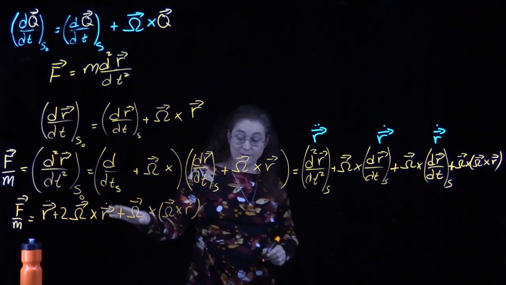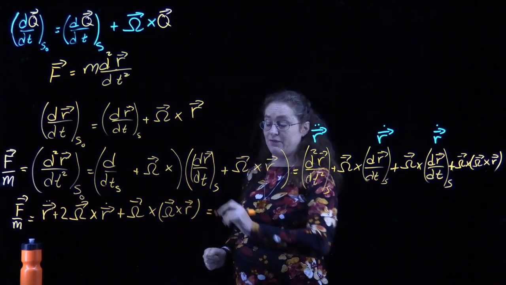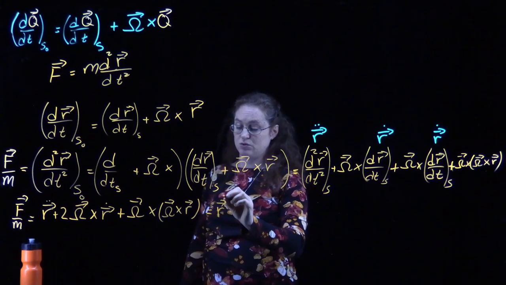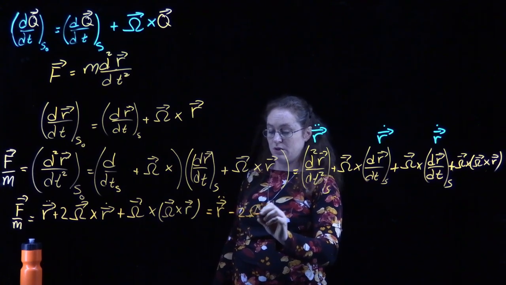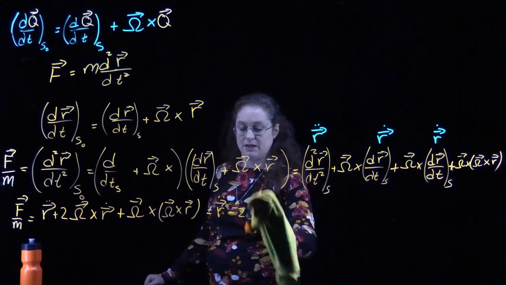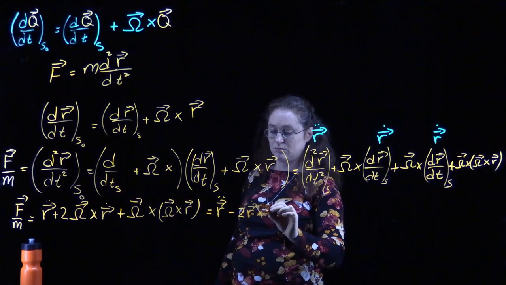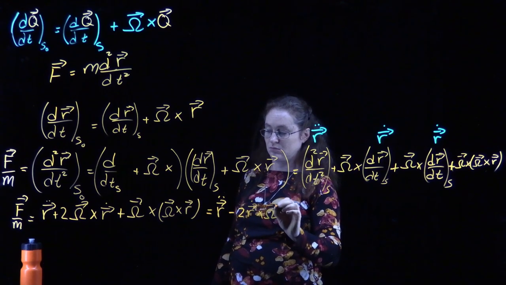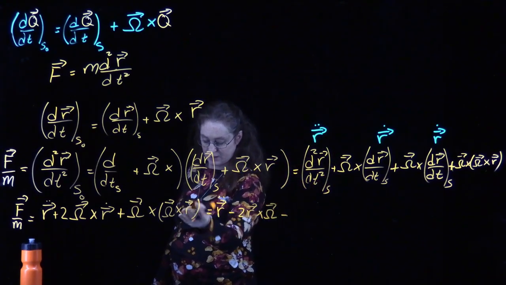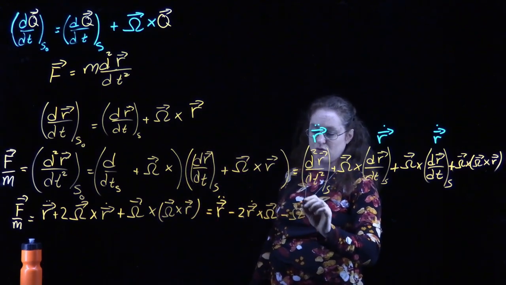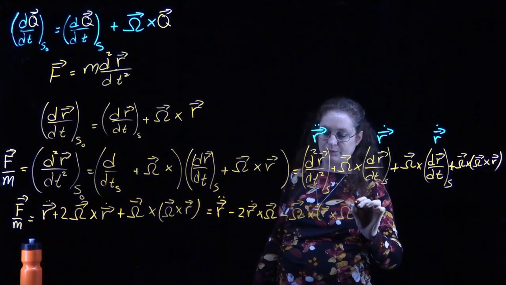And I'm going to rearrange, I'm going to do one trick. I'm going to flip the order here, so I have a minus sign in the second two terms. So I have r double dot minus 2 r dot cross omega minus, so I flip this, I get omega cross r cross omega.